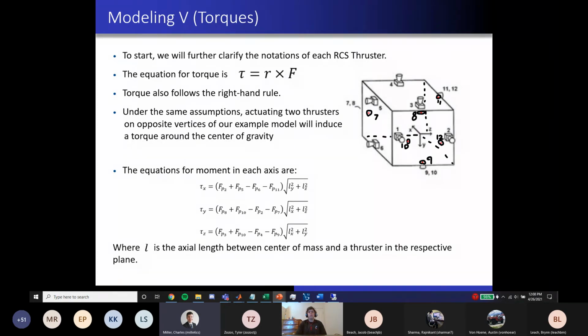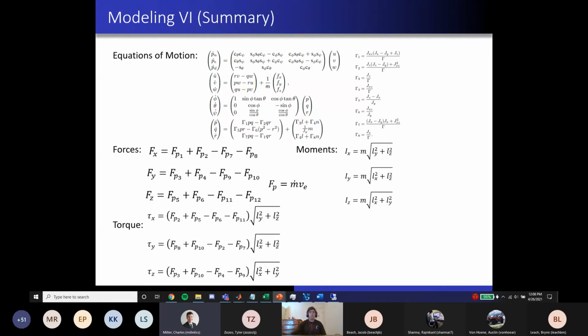And both moment and torque follow the right-hand rule, so that determines which values are positive and which are negative. Next slide, please. And here is a summary of all of our equations, and I'll hand it off to the next slide.